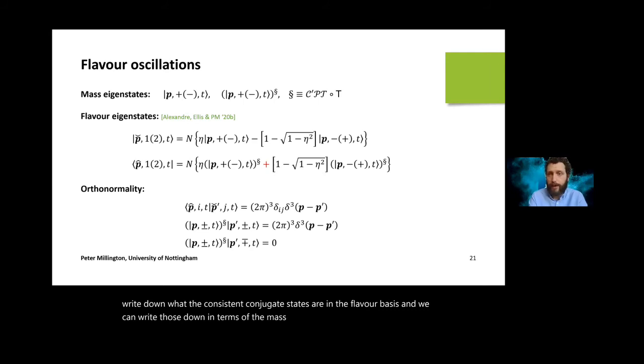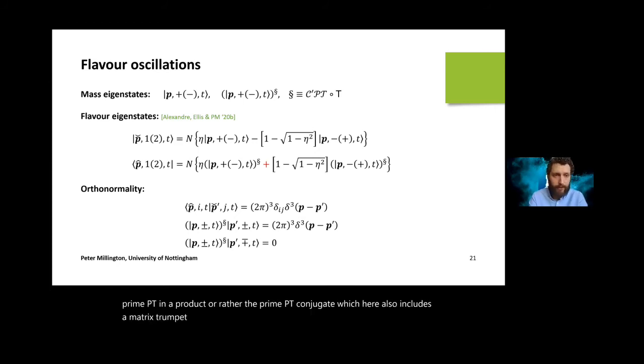So the Flavour eigenstates are here numbered 1 and 2, and the mass eigenstates here are identified by a plus and a minus. And this section marker here is standing for the C prime PT in a product, or rather the C prime PT conjugate, which here also includes a matrix transposition.